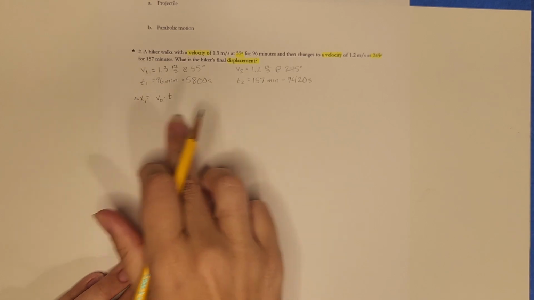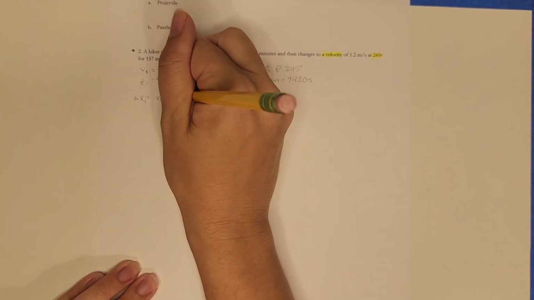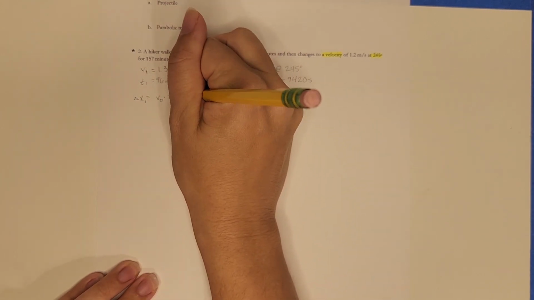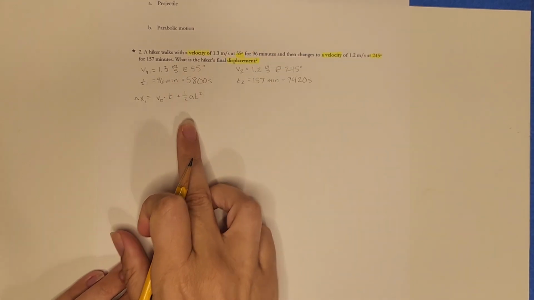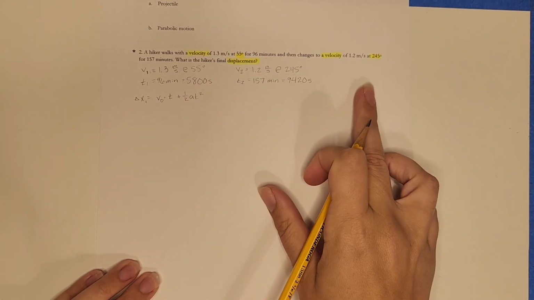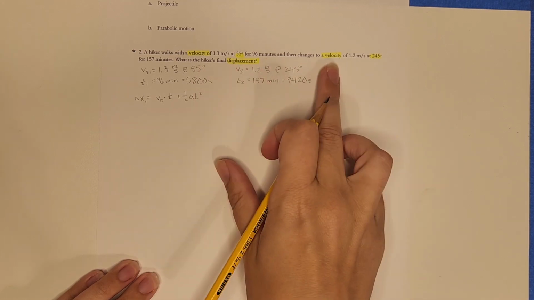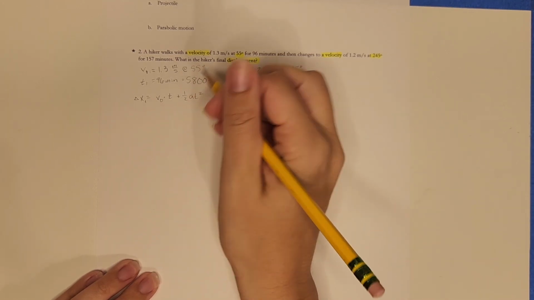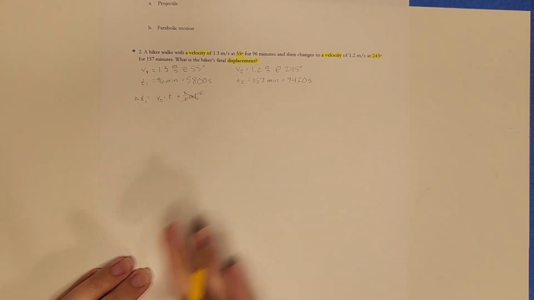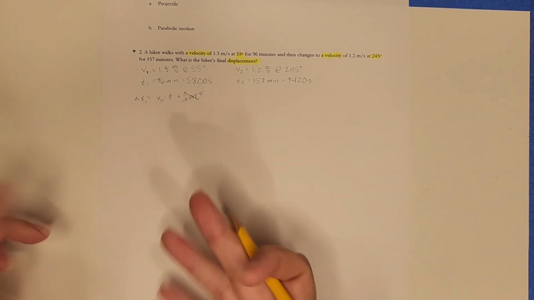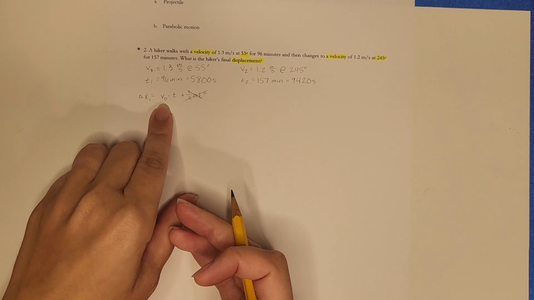Now, there's more to this. It's technically plus 1/2 the acceleration times the time squared, but there is no acceleration in this problem. The velocity remains constant, so the acceleration is 0, and I don't need to use it. So when the acceleration doesn't change, our delta x is simply the velocity times the time.